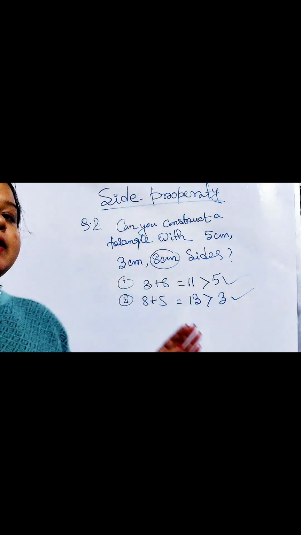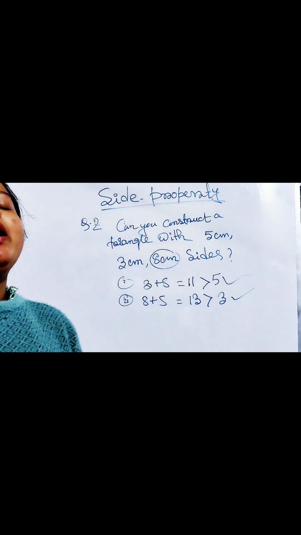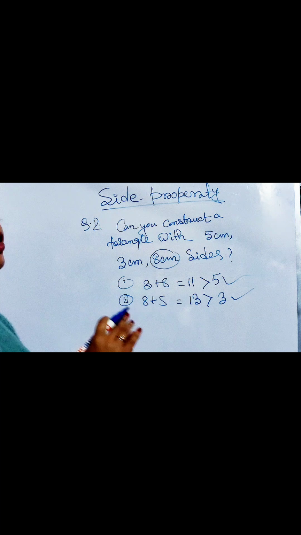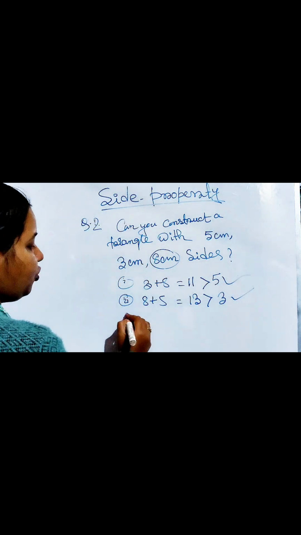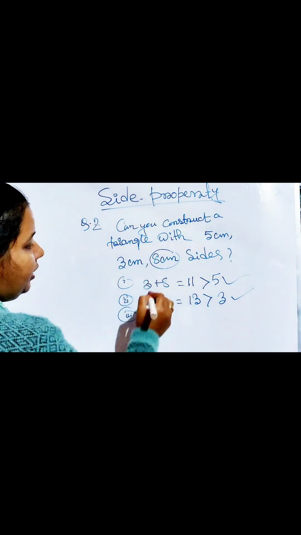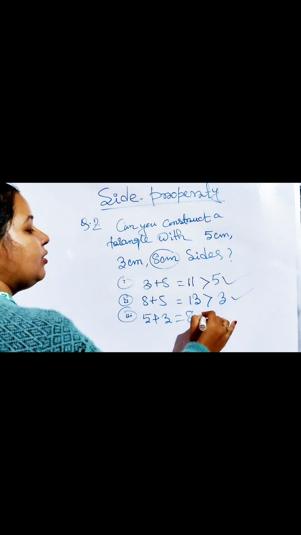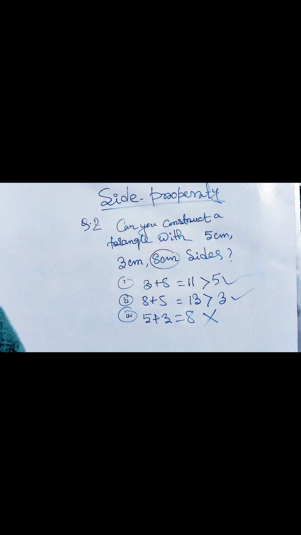So this condition also matched. But only one condition does not match. That's why we cannot construct this triangle. I'm showing here again: the remaining two sides, 5 plus 3 equals 8, so this does not hold.